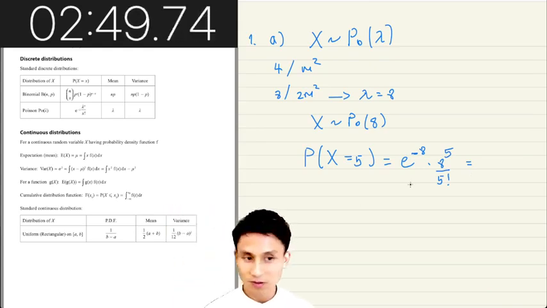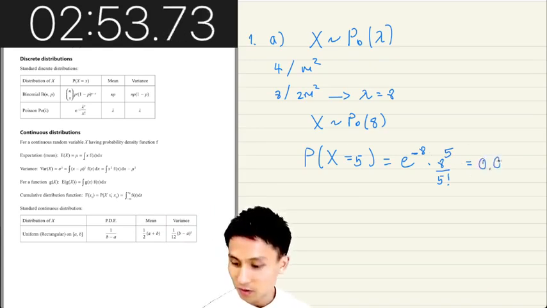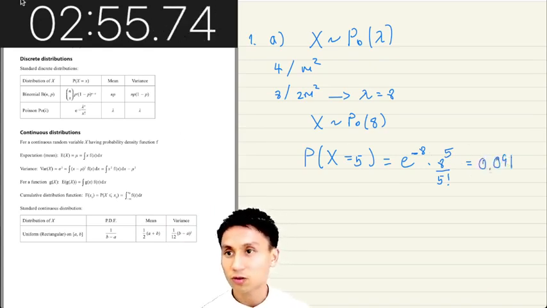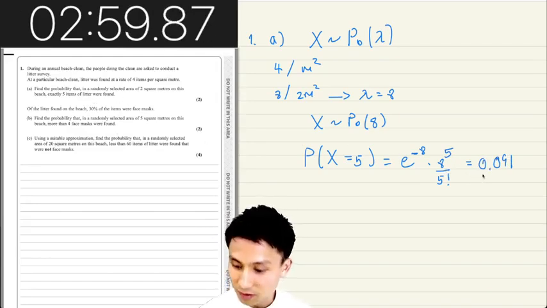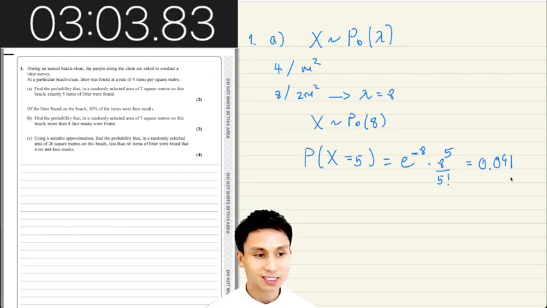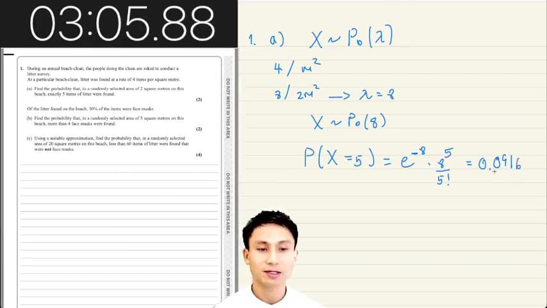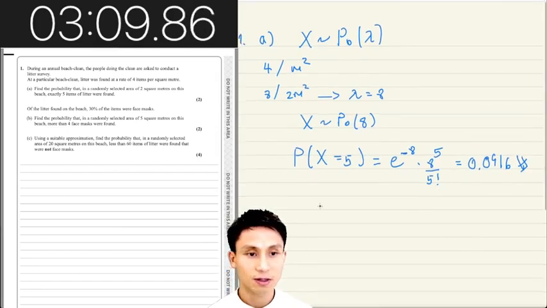Okay, so this is going to be 0.091, so how many significant figures? I'm just going to give it 3 significant figures, so that would be 0.0916, all right? So that would be number 1 there.